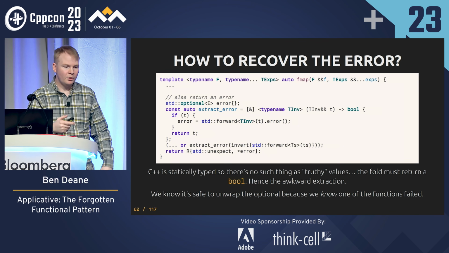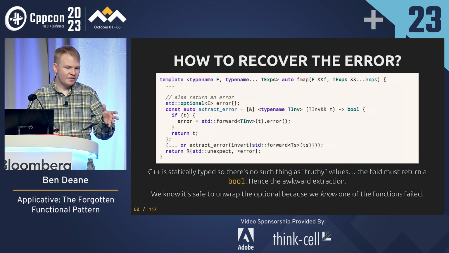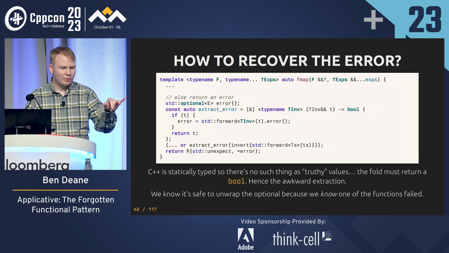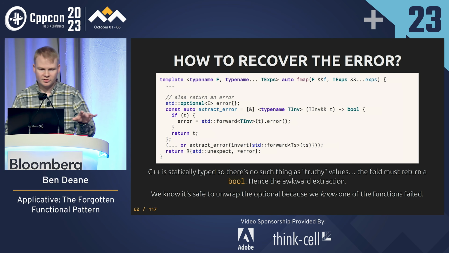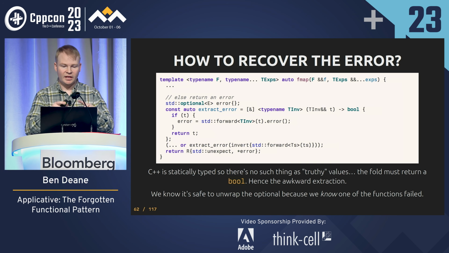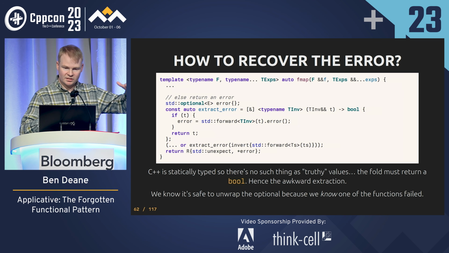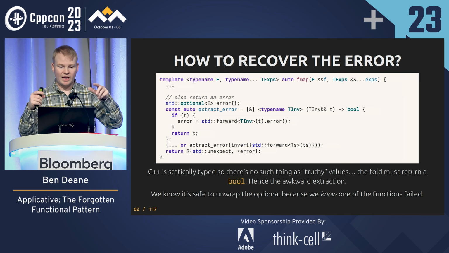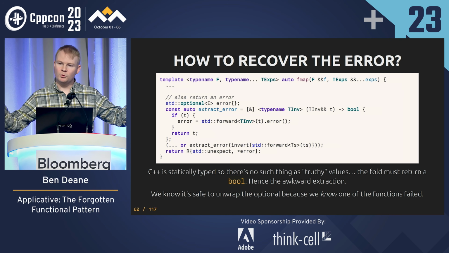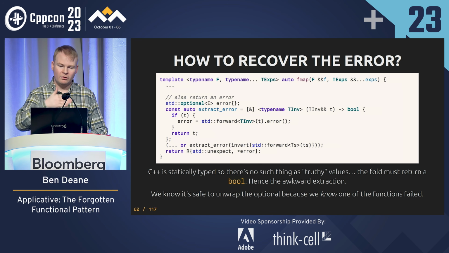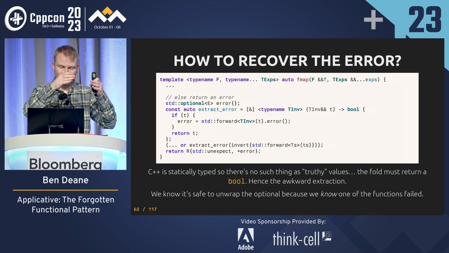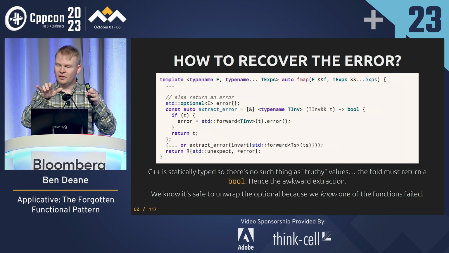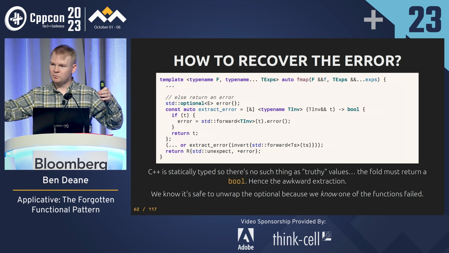And then the calling code looks like this. We wrap the result in the invert. That's the second to last line here. We're passing invert to this extract error, and that's in a fold expression. So we are basically folding over something went wrong, in the and expression.